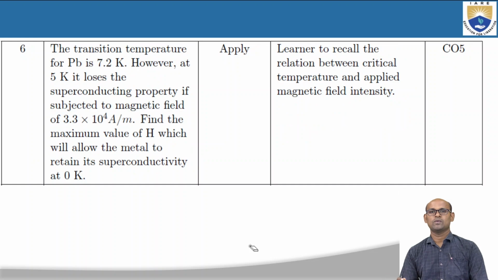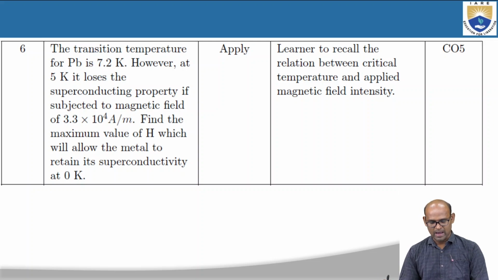So the sixth problem is: the transition temperature for lead is 7.2 Kelvin. However, at 5 Kelvin, it loses the superconducting property if subjected to a magnetic field of 3.3 into 10 power 4 amperes per meter. Find the maximum value of H, which will allow the metal to retain its superconductivity.